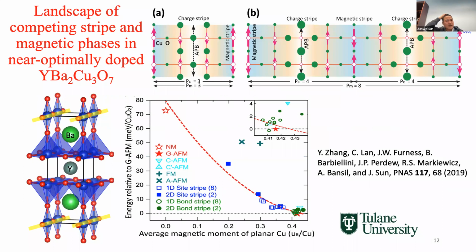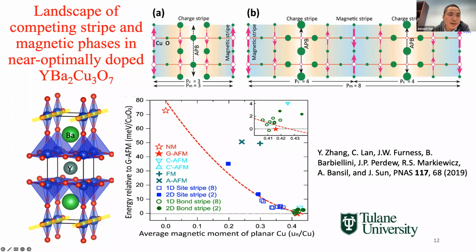Here are some of the studies we have for YBCO7, a nearly optimally doped cuprate. You can have the pristine YBCO6, then by removing the oxygen atoms in this CuO chain, remove all of them, this oxygen here, this oxygen here, this is called the chain, and that is pristine.